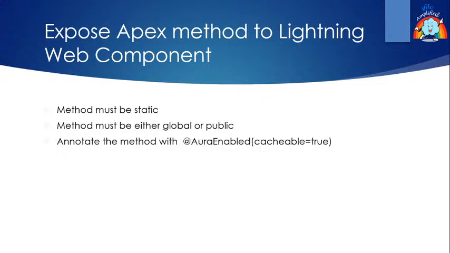So this is how we do step 1 and step 2, importing and then wiring. We also have to understand our Apex method. There are three points we have to remember. Using the wire service, the method must be static. The method must be either global or public, and we annotate it with @AuraEnabled(cacheable=true).